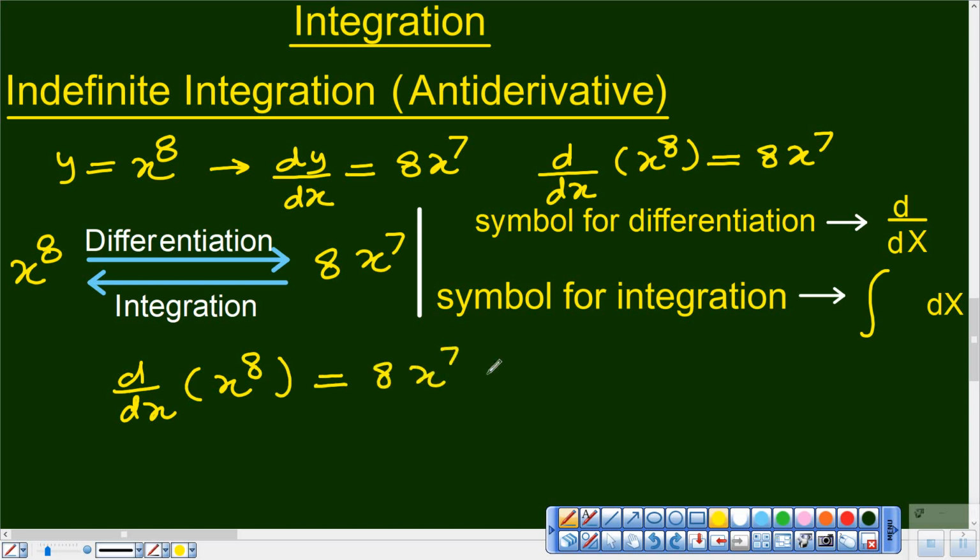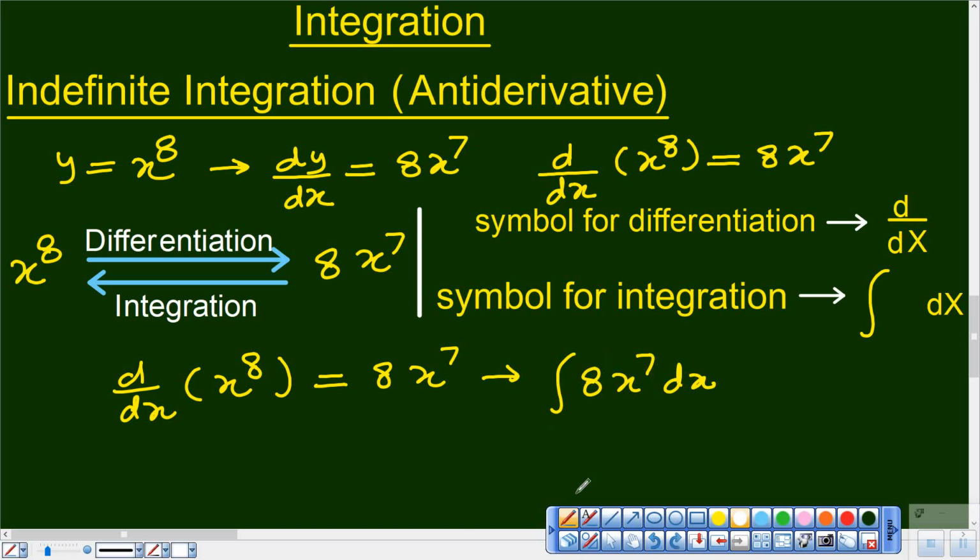The same information can be written vice versa, from here to here, as integral of 8x raised to the power 7 dx. These two, the elongated s and dx, have only a ceremonial role. The main thing is written between them. Whatever is to be integrated is written between these two symbols.